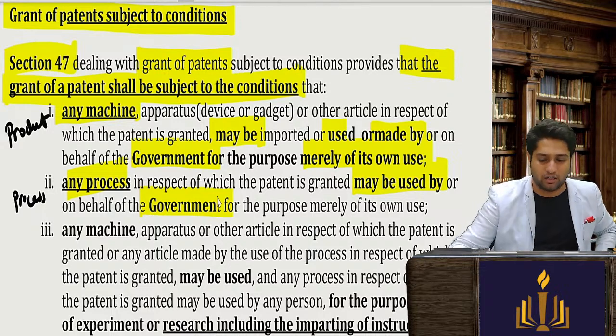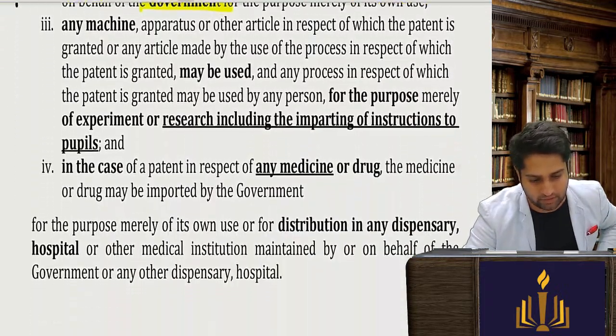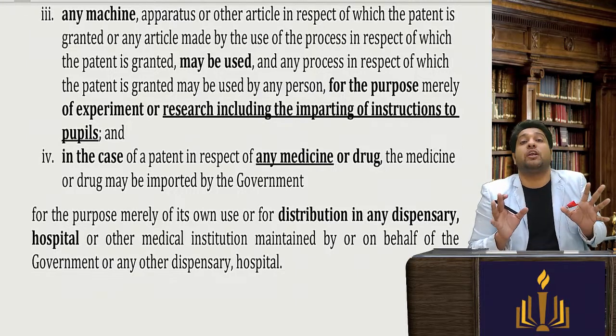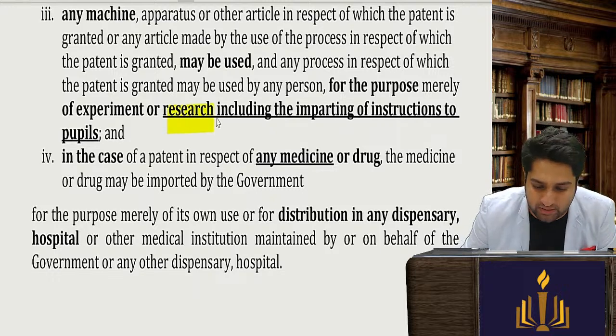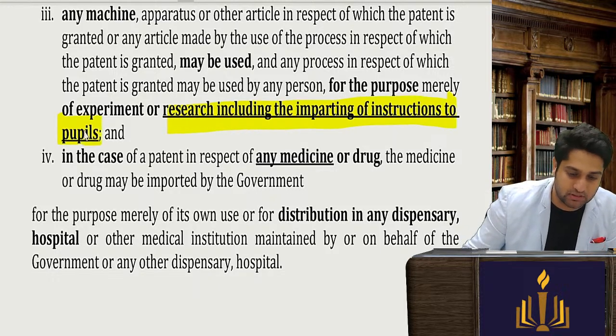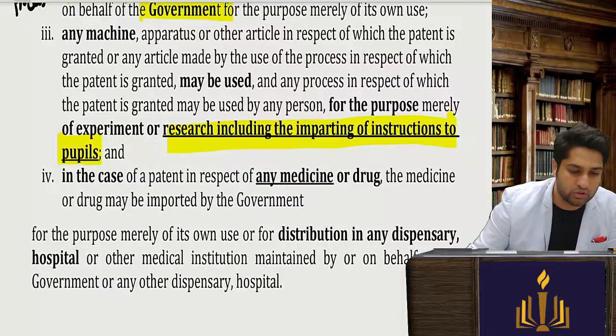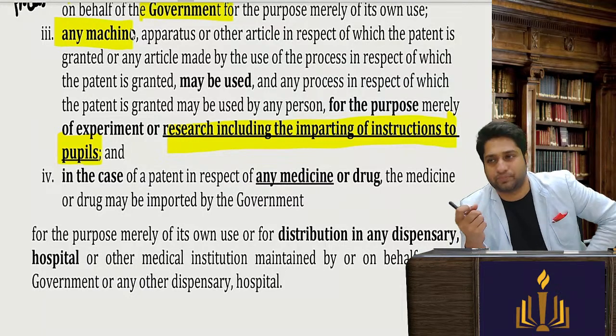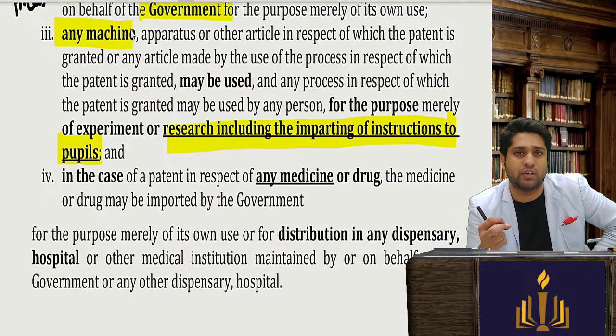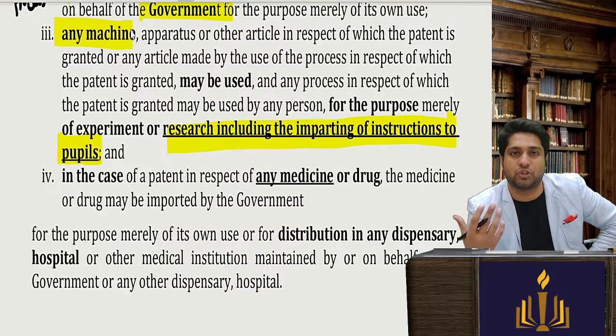Very rarely will the government come and try to take a product. Then I will say, listen, for research, including imparting instructions to the pupils, to the students, it may be used. So for example, let's say there is a particular device or a medical instrument.